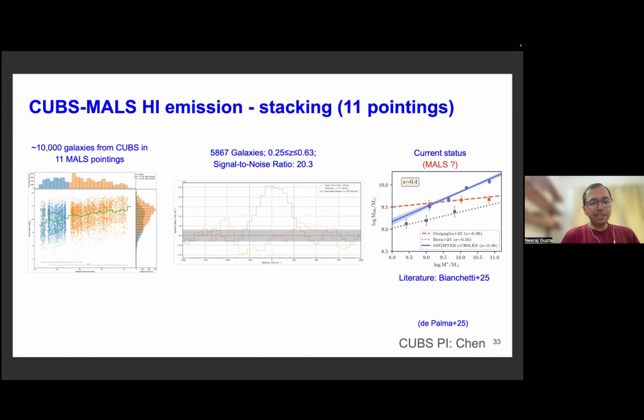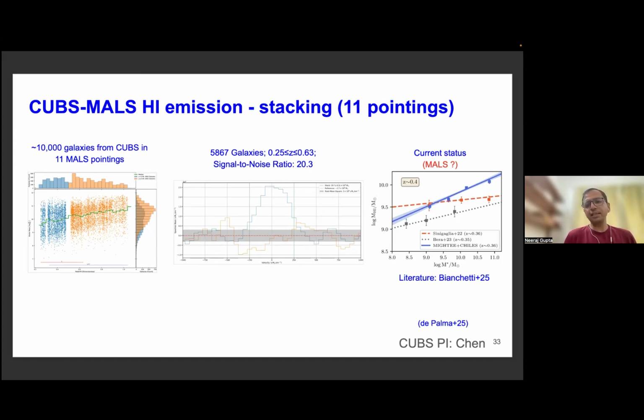At the same time, since we have so many spectra, we can stack them and detect weak HI emission at higher redshifts, something that is not detectable in galaxies beyond the local volume. But now MeerKAT, through different surveys like MIGHTEE, for example, is detecting HI emission in galaxies at redshift of 0.3, 0.4.